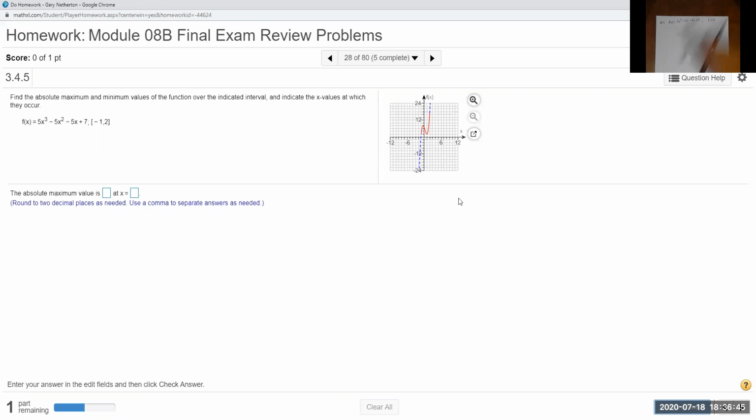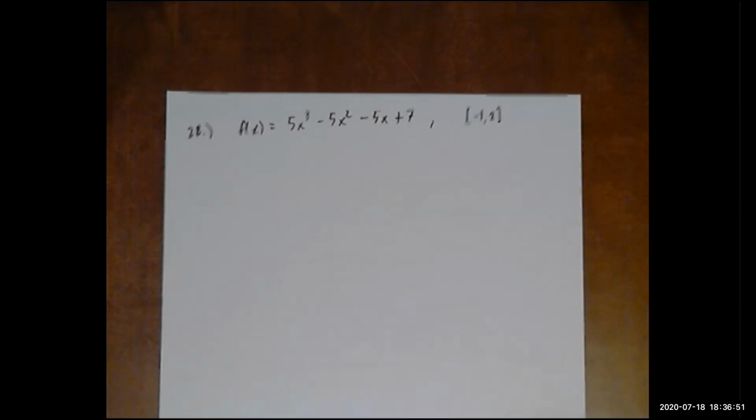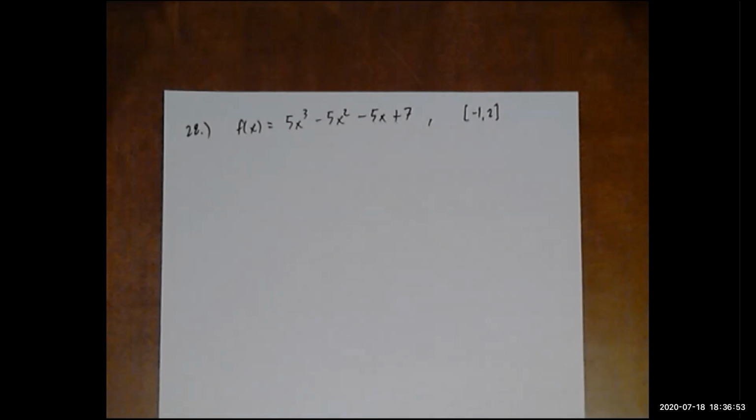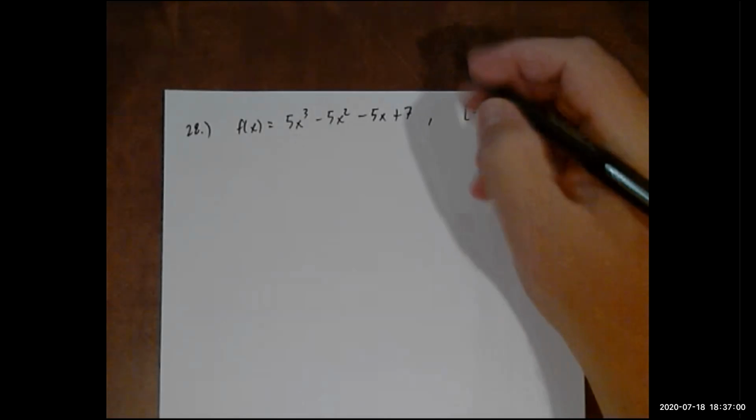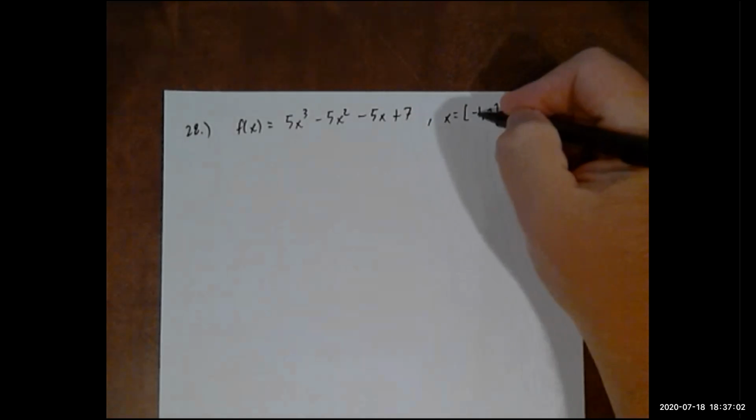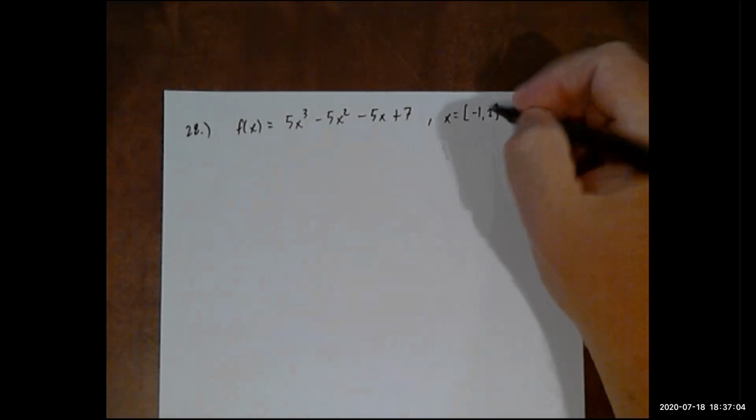All right, let's look at this. So once again, the first step is to see if there are any maximums or minimums, any relative extrema, between x equal to -1 and 2.